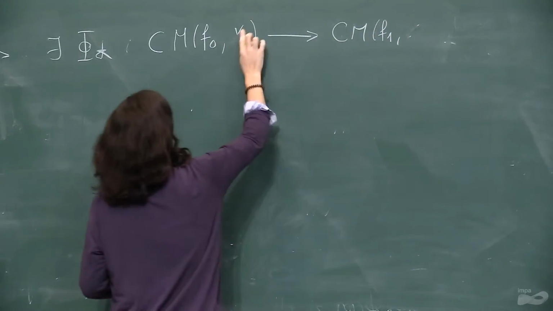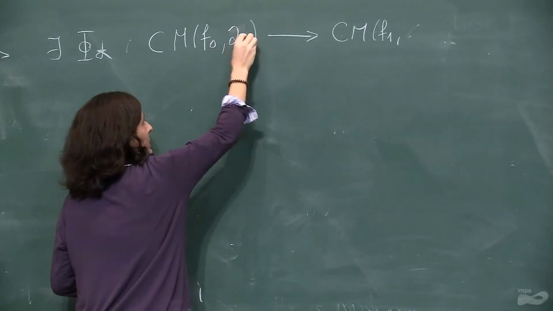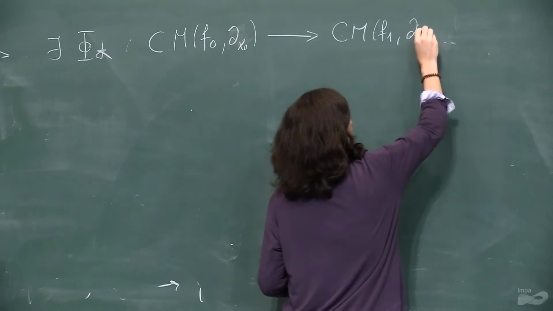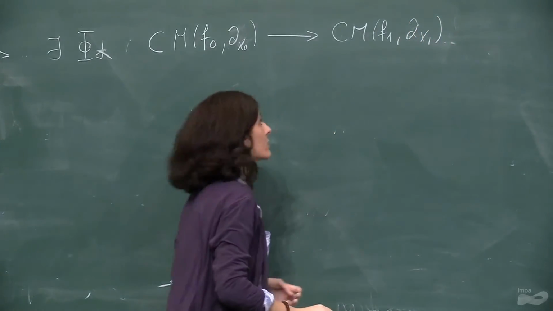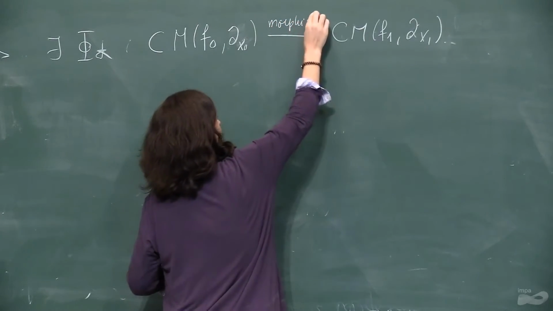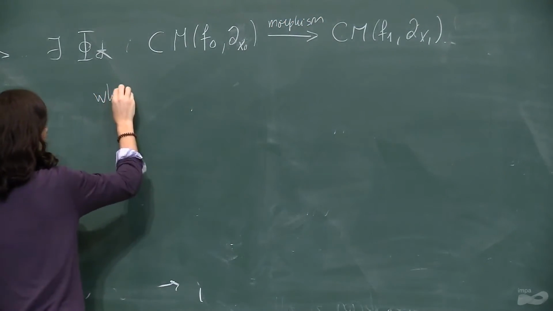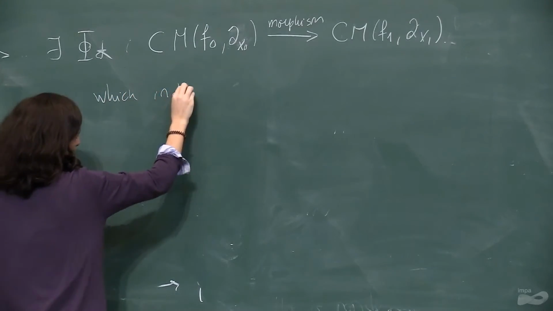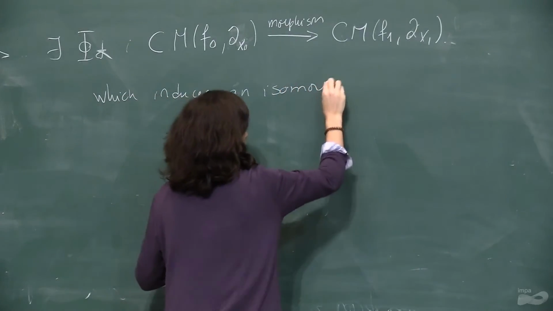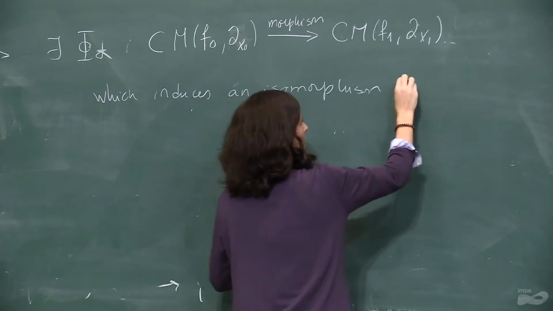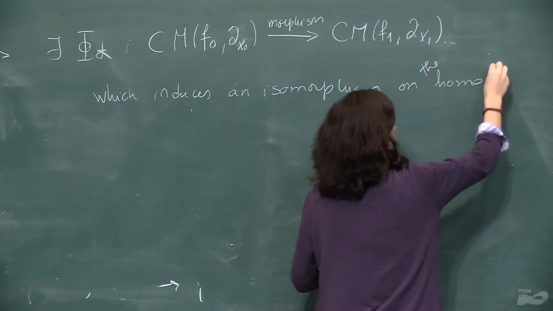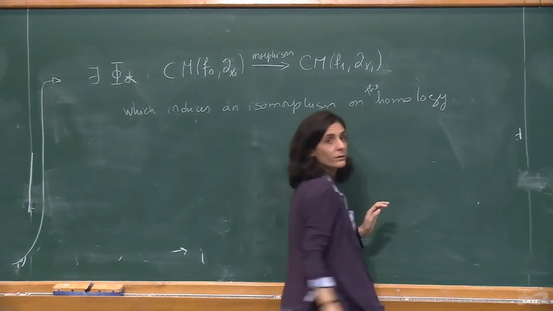What I want to say is, here the differential uses the pseudo gradient field x0, and here I mean the differential using the pseudo gradient field x1. So there exists a morphism which induces an isomorphism on the homology, so the Morse homology.